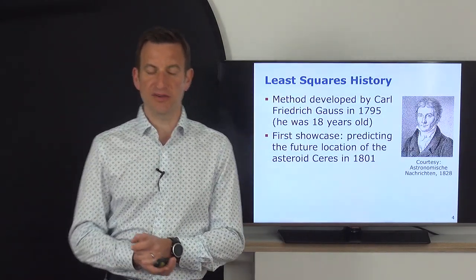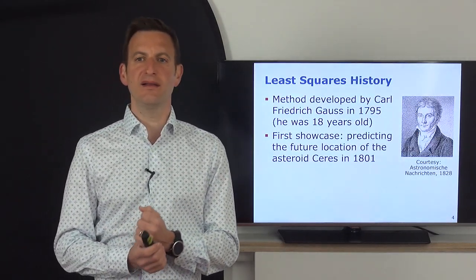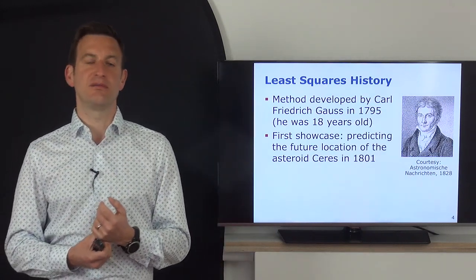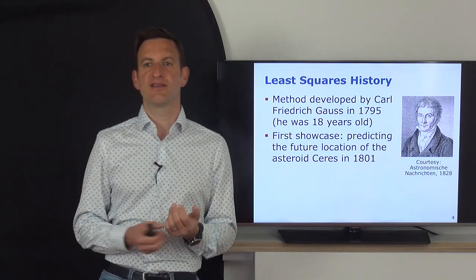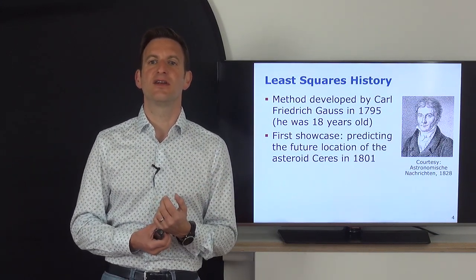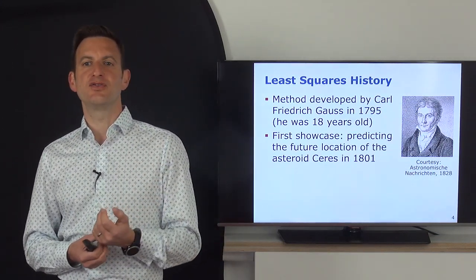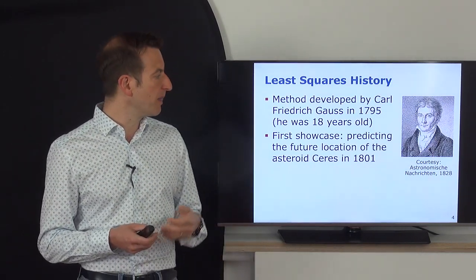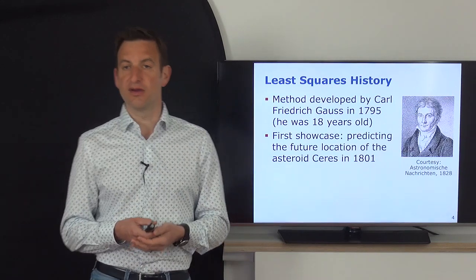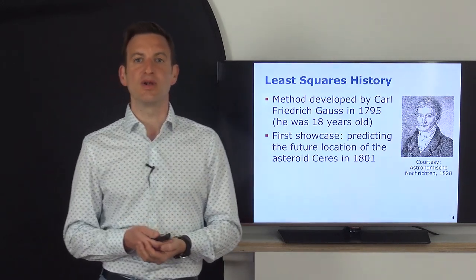So the least squares approach, as I said, has been around for quite a while. Carl Friedrich Gauss, at the young age of 18 years, developed this approach, and it had its first showcase a few years later in order to estimate the future location of the asteroid Ceres in 1801, where it first showed that it is a good tool for solving relevant problems.